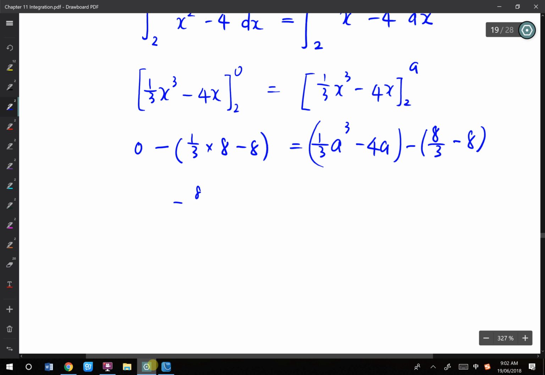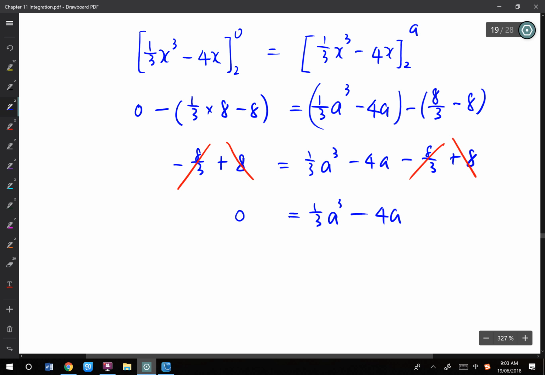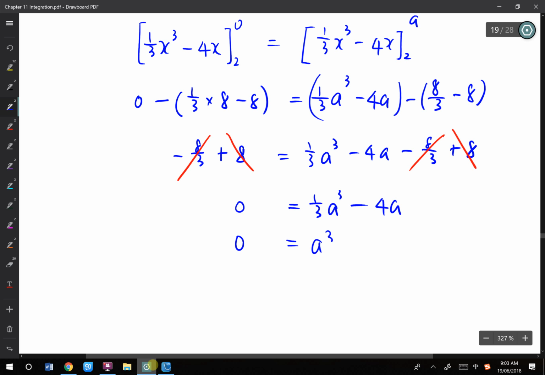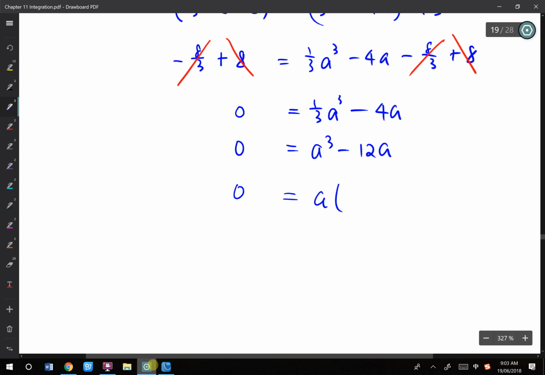I can expand, and you can see those two and those two get cancelled. What I have is 0 equals a third A cubed minus 4A, times 3, A cubed minus 12A. Take out A, A squared minus 12.